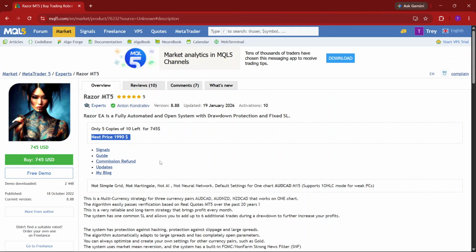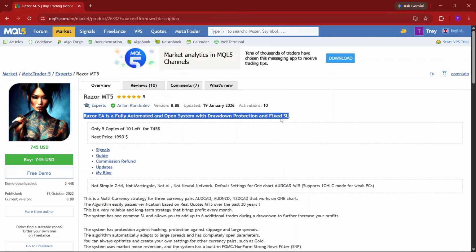And let's start with what the developer actually says this EA does. According to the product page, Razor is a fully automated and open system with drawdown protection and a fixed stop loss.